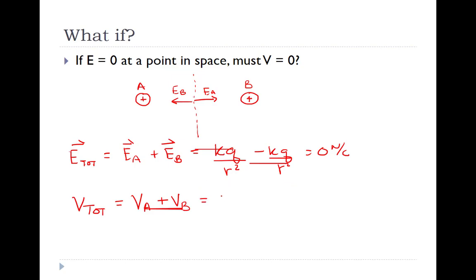The potential due to A will be K times Q divided by R. The potential due to B will be K times Q divided by R, which is 2KQ over R. So if the electric field is 0, must the potential be 0? No, it must not.